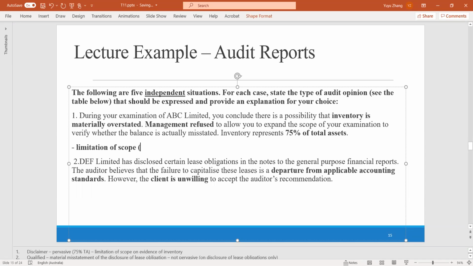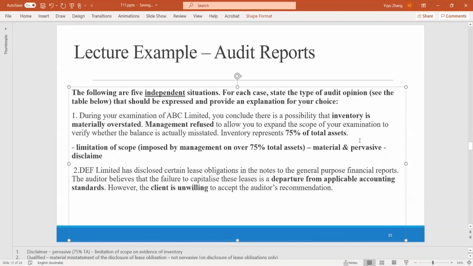And also that is a limitation of scope imposed by management on over 75% of total assets. So is this material? Yes. Is this pervasive? And also pervasive. So what is your audit opinion here? Disclaimer. Okay, that's very good. So let's see the second case.